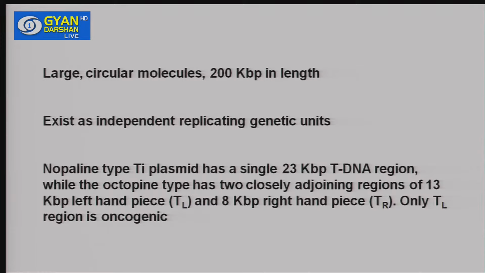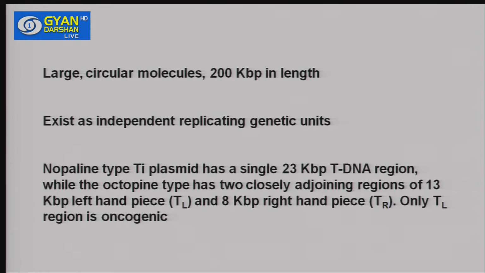Now we will go into each and every component of the Ti plasmid in further detail. This Ti plasmid is a huge plasmid, about 200 kilobase pairs in length, and it exists as an independent replicating genetic unit because it has its own origin of replication. So it can autonomously replicate in any system.